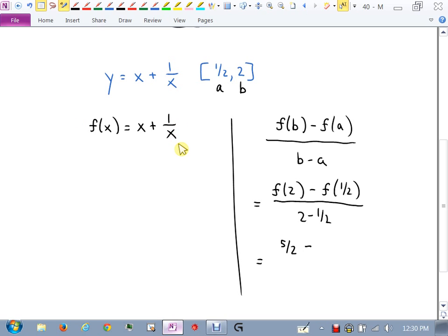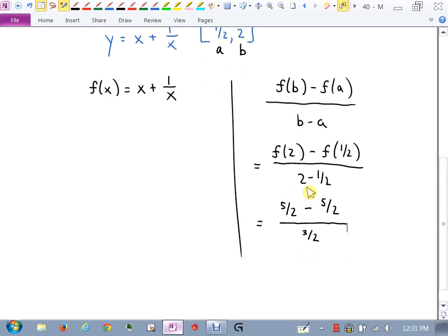Well, 1 over a half is 2, right? 2 plus a half, 2 1/2, which is 5 halves again, isn't it? All over 2 minus a half is 3 halves. All that really doesn't matter because it just comes out to be 0, right?